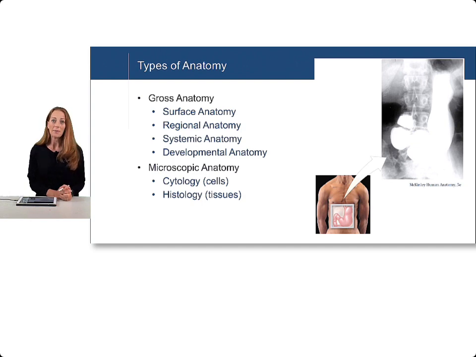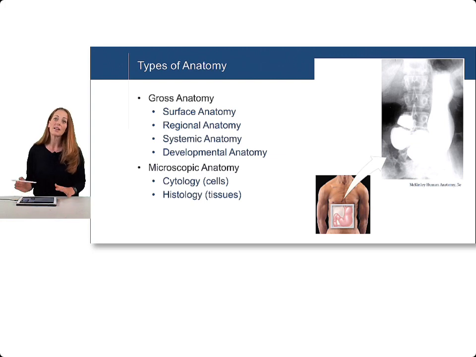Regional anatomy is by body regions, so head, neck, upper limbs, thorax, abdominal, pelvic, etc. Systemic anatomy is based on organ system, of which we generally have 11 organ systems, and we'll go through those in a minute.